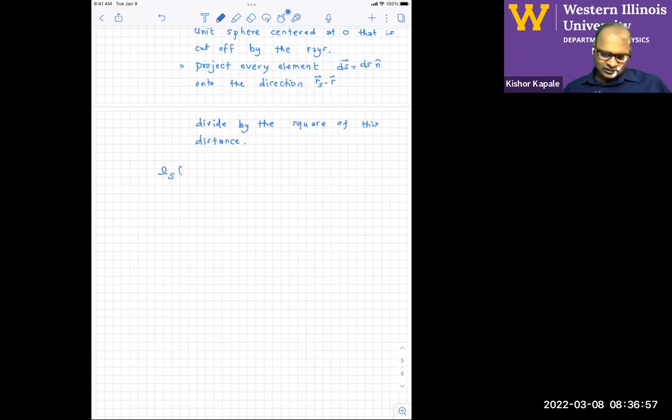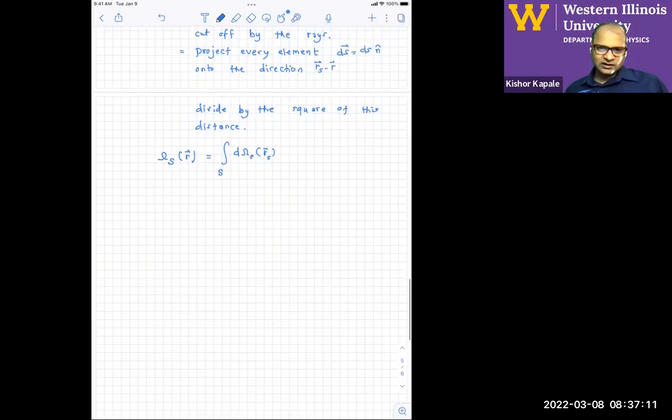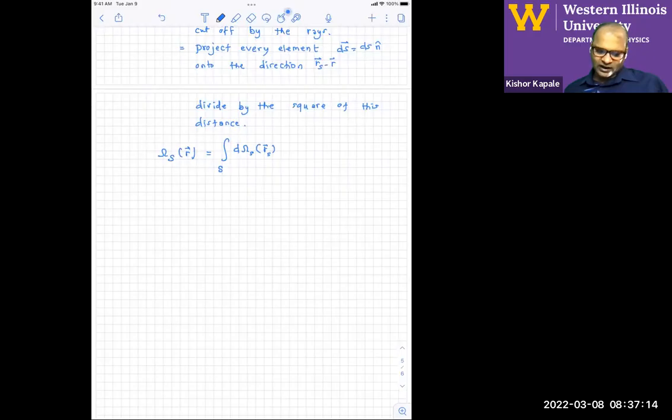Omega s at a position r, which is the center of the unit sphere, is going to be the sum of the solid angle for each small element on the surface. So this is basically a sum over all of the rs values of ds, the small surface area there, times (r minus rs) over |r minus rs| cubed.